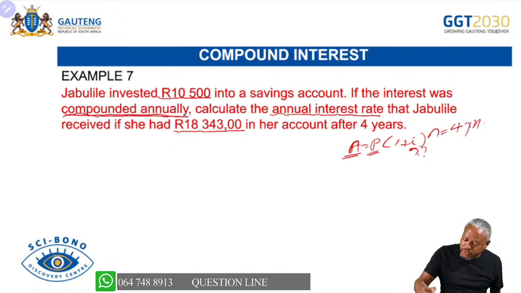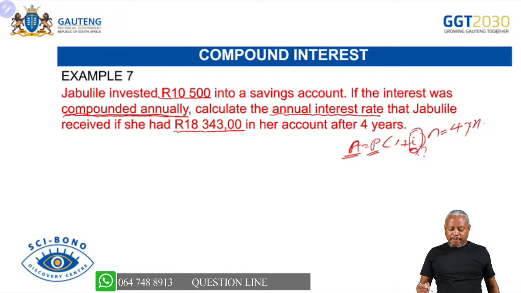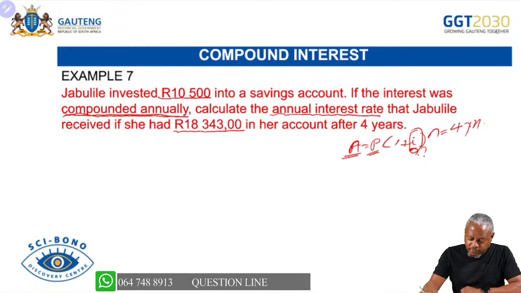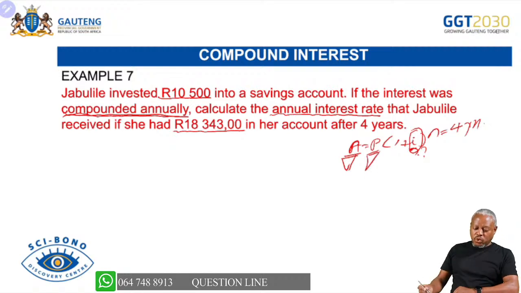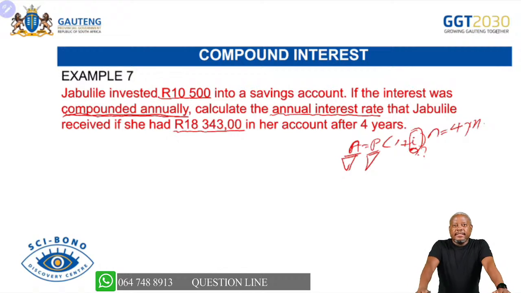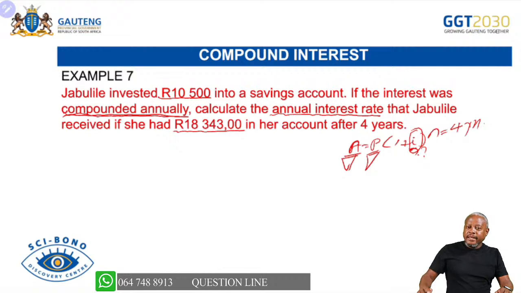So all we need to calculate now is I. At the end, A is 18,343, and the principal amount is 10,500. We need to calculate I, and we're also given the number of terms. Then how do we do that?